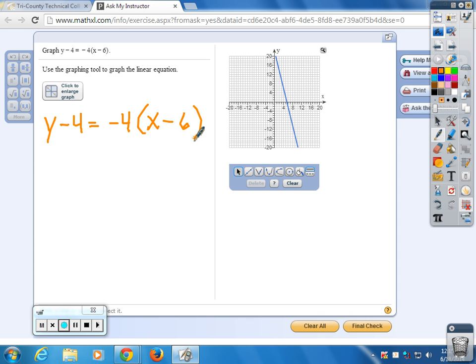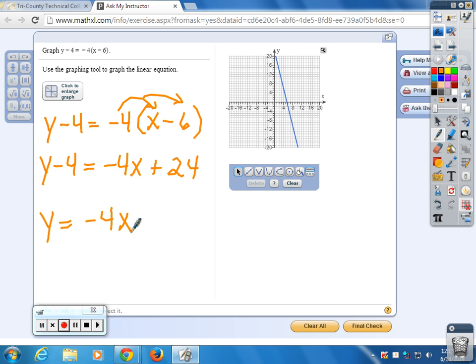So distribute the negative 4. That gives you y minus 4 is equal to negative 4x plus 24. Y is equal to negative 4x, what's 24 plus 4? 28.